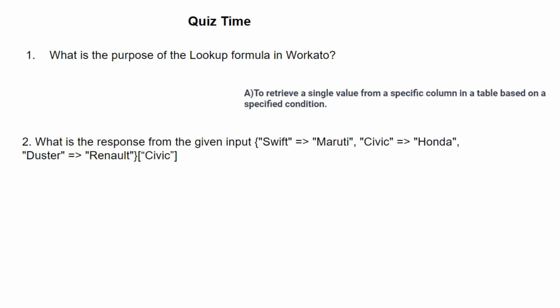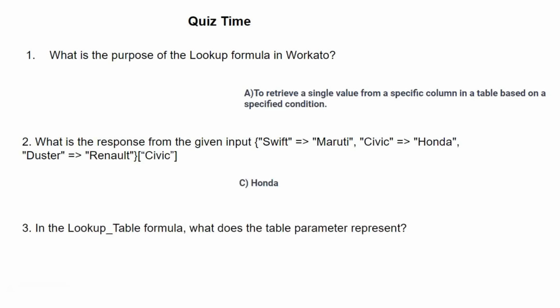Now I want the value for the key Civic. Let me give you the options: Maruti, Renault, Honda, none. So what is the answer for this? I hope everyone gives the right answer. So the answer is Honda. Right, that's exactly right.